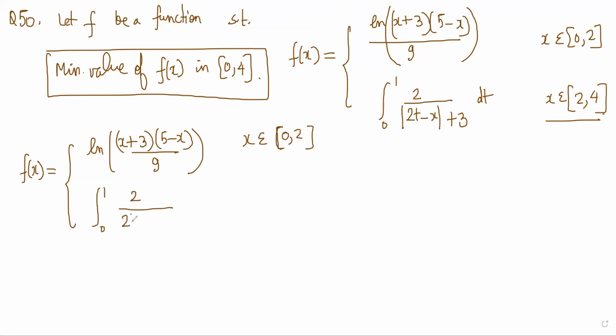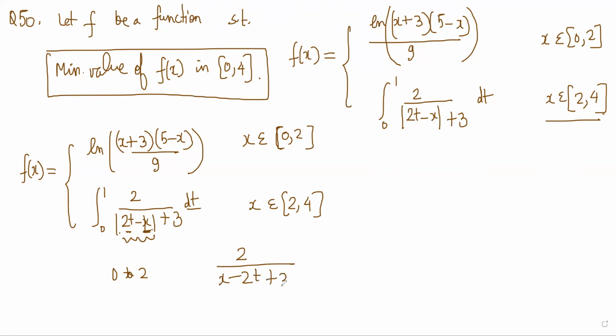This is 2 by 2t minus x plus 3. Now you have to realize here that this is the integral over dt, right? So dt integral means 2t will range from 0 to 2, and x here, x belongs to 2 to 4, right? So 2t is always smaller than this. So we should always have 2 by x minus 2t plus 3, right? From 0 to 1, correct? So that is something that you need to realize here.